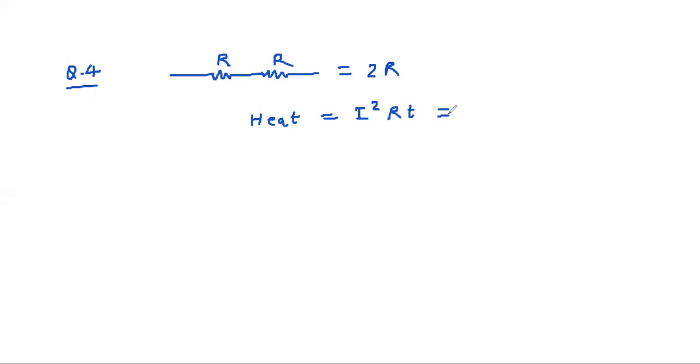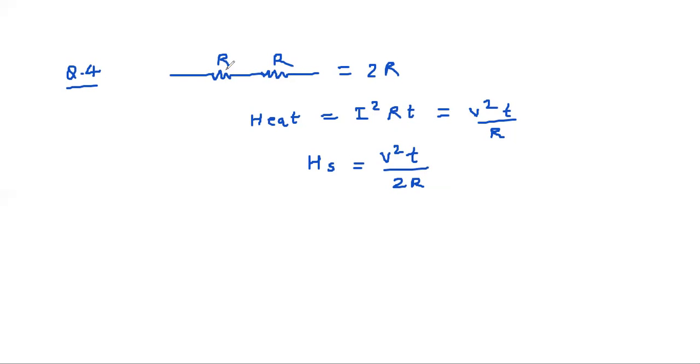In terms of V, we can write V square T divided by R. So heat produced in series, suppose we denote it as HS, will be V square T divided by, in place of R, we can write 2R.